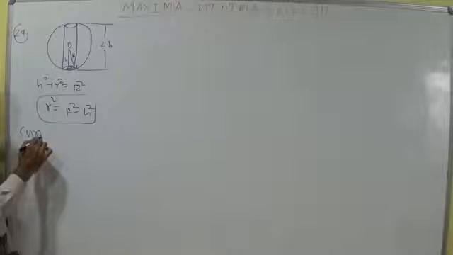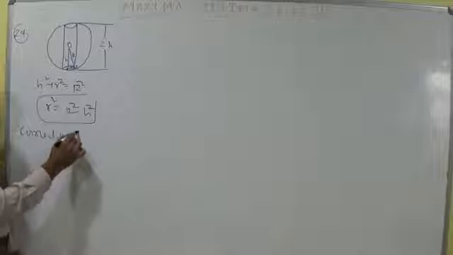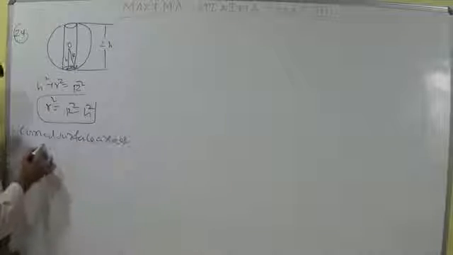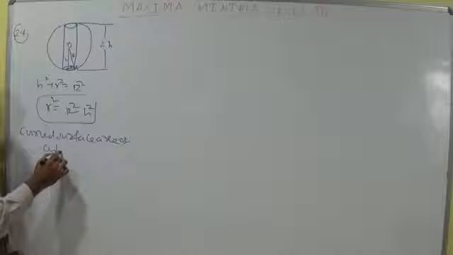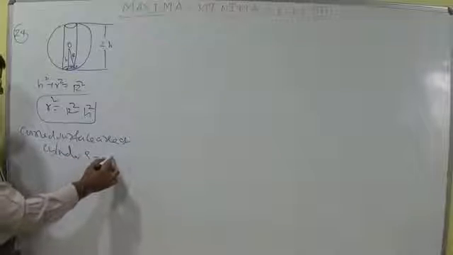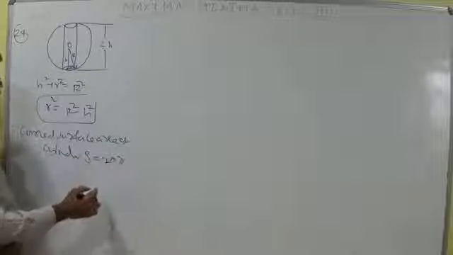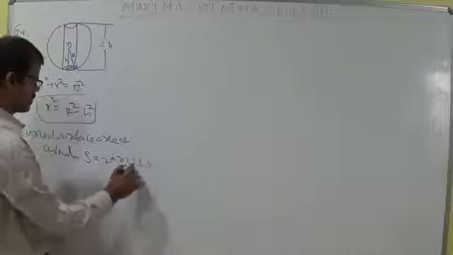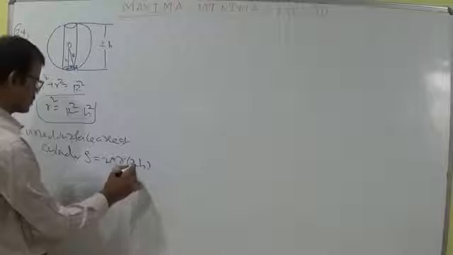Curved surface area of the cylinder S is equal to 2 pi r h, but the height we thought as 2h.